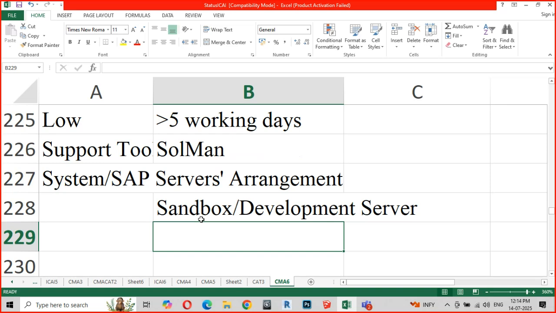So I design the solution in the sandbox or the development server, one of the testing clients. So we are aware of what a client is now. It is a system allotted to me in the SAP environment.